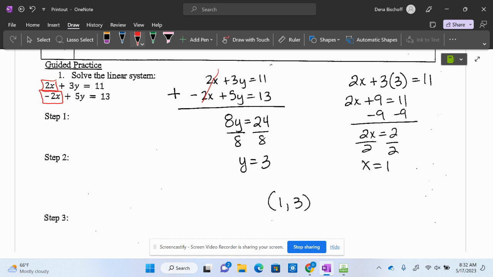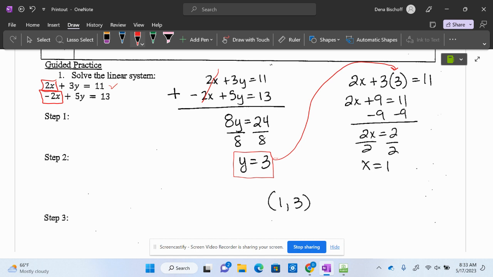And then 3y plus 5y is 8y. 11 plus 13 is 24. Divide both sides by 8. y equals 3. I'm going to take that value, y equals 3, and plug it into the original first equation. 2x plus 3 times y, which is 3, equals 11. 2x plus 3 times 3 is 9, equals 11. I subtract 9 from both sides. I get 2x equals 2. Divide both sides by 2, and x equals 1.